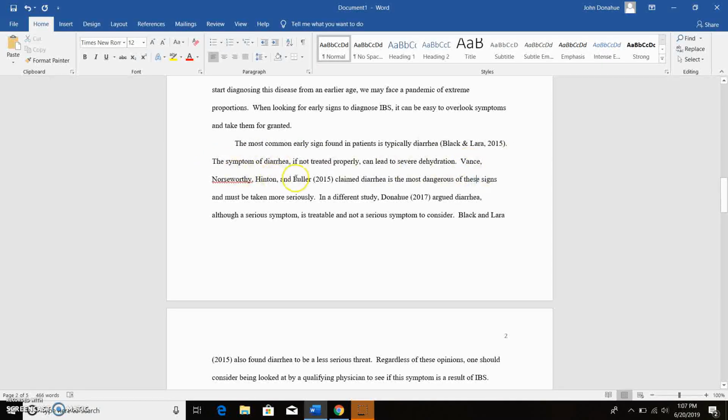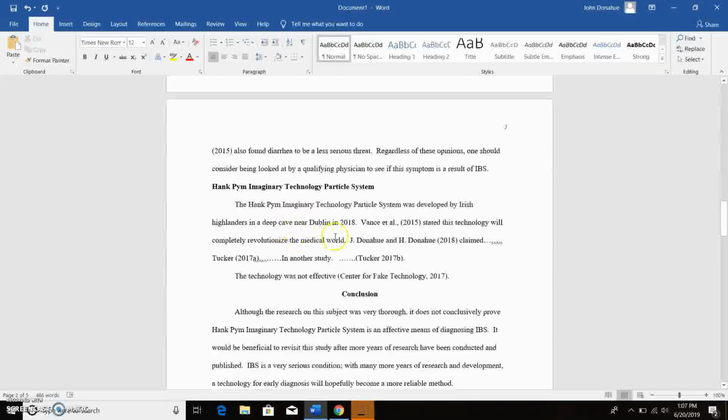Vance, Norsworthy, Hinton, and Fuller, 2015, claims diarrhea is the most dangerous of these signs and must be taken more seriously. Now I have 1, 2, 3, 4 authors here. Since I'm citing them for the first time in my paper, I'm going to write out all of their names. Now, if I use this citation again in my paper, since I cited it the first time, and this is only when you have 3 to 5 authors, you cite them all first.